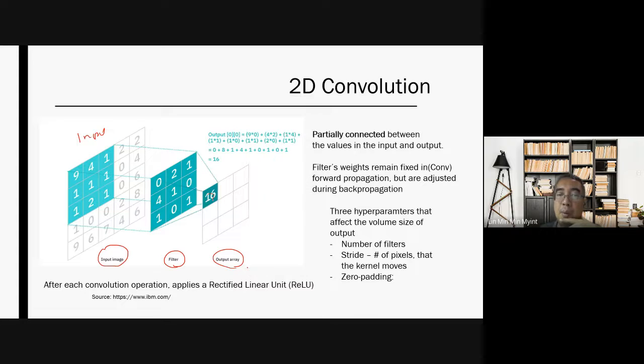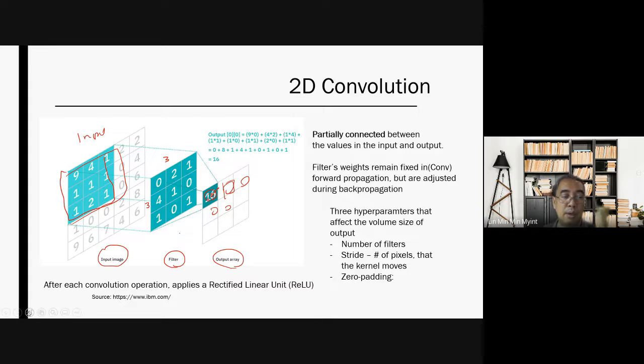Each element in the output array is not connected to all of the input; it only depends on the filter. If you use 3 by 3, only that 3 by 3 part of the input will be connected to this output.